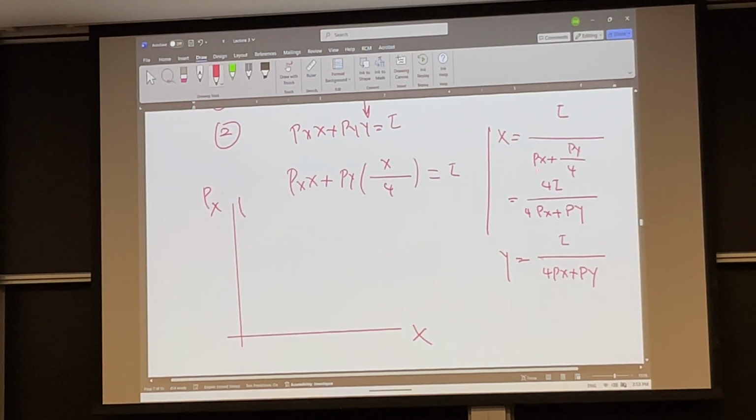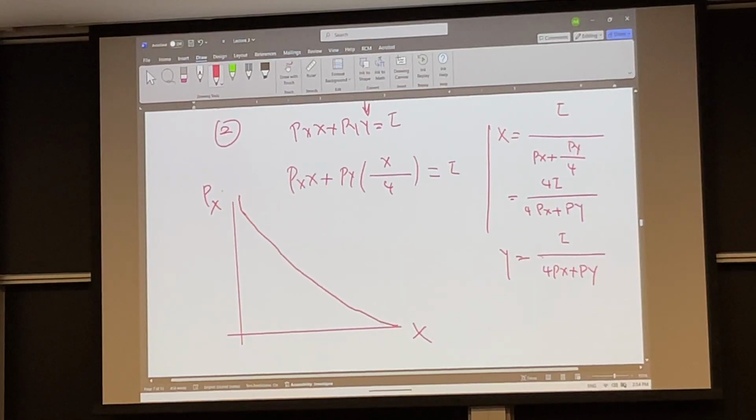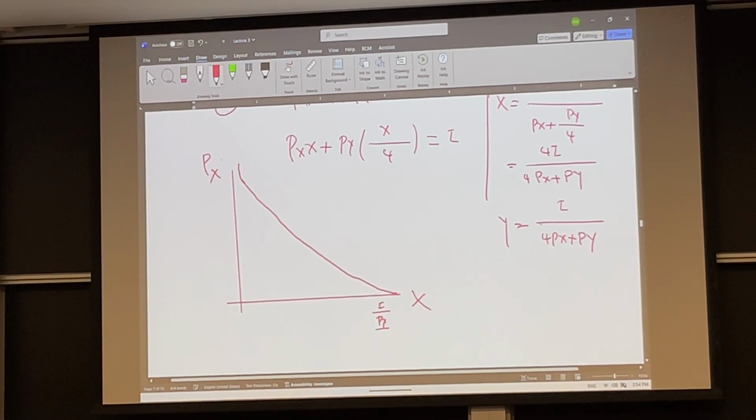What about if price of x is 0? Do you go to infinite? If this is 0, that's not infinite. So it looks like Cobb-Douglas, but it hits the horizontal line, because if the price of X is 0, you're going to end up with this one. So sort of downward-sloping, convex, looks like Cobb-Douglas, what we had earlier, but it hits the horizontal line.